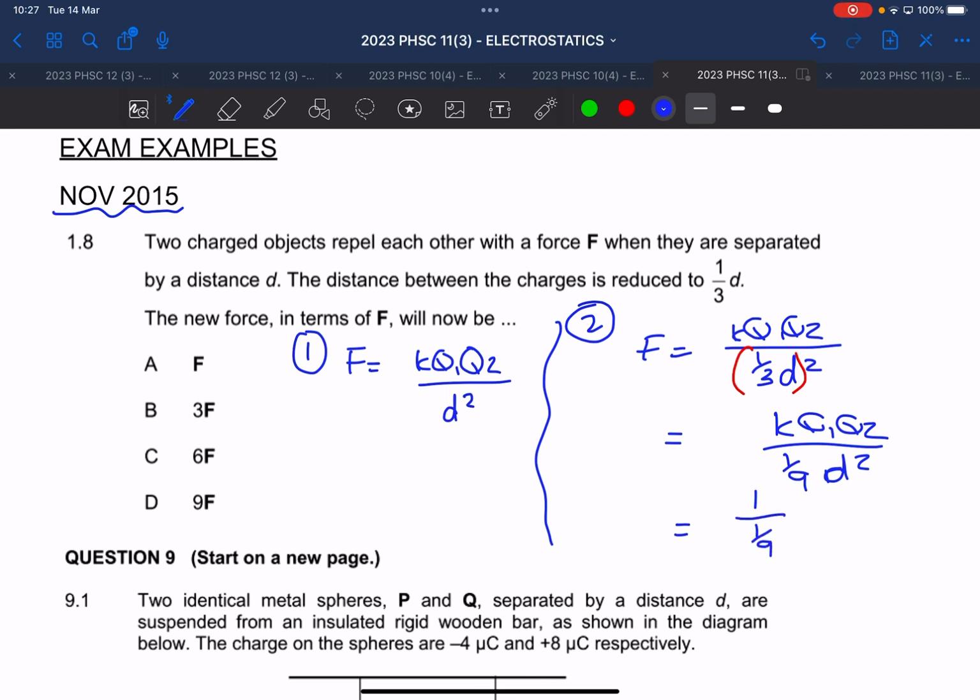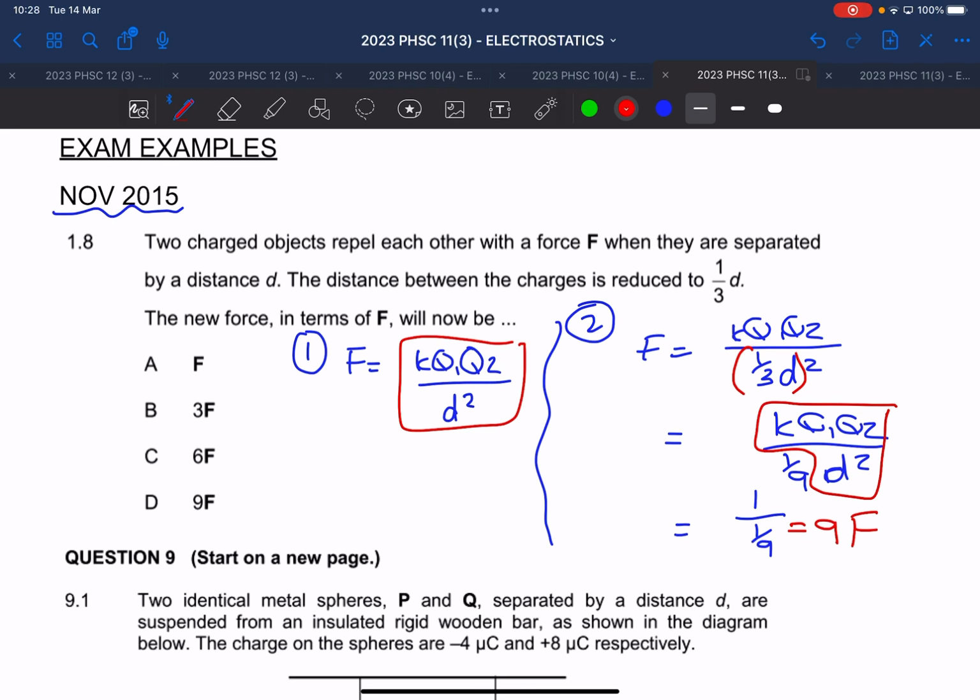That is the same as what? 9. Take your calculator and say 1 divided by 1 over 9. You get 9. So that is the same as that whole business, F.